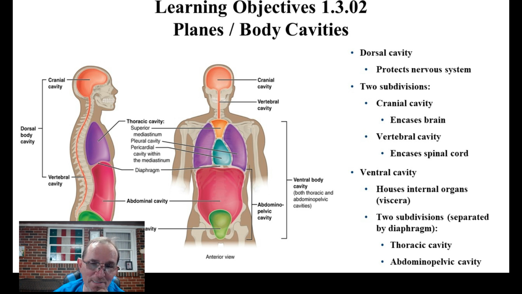There's really no barriers. I mean, these cavities aren't physically cut off from each other. There is no separation between the abdomen and the pelvic cavity. It's one big hole that just happens to go down. So a lot of times we'll just call that the abdominopelvic cavities.